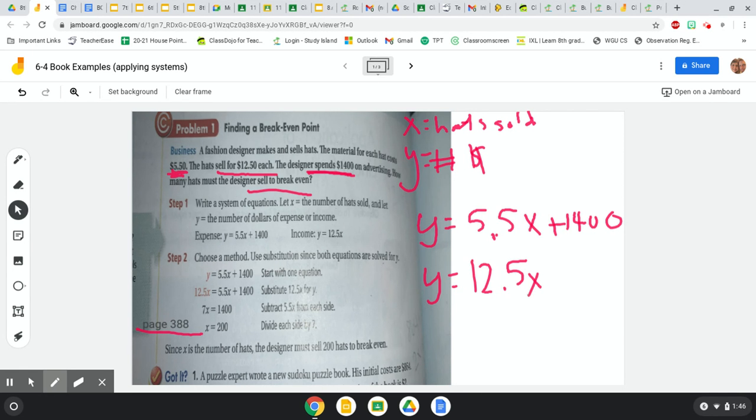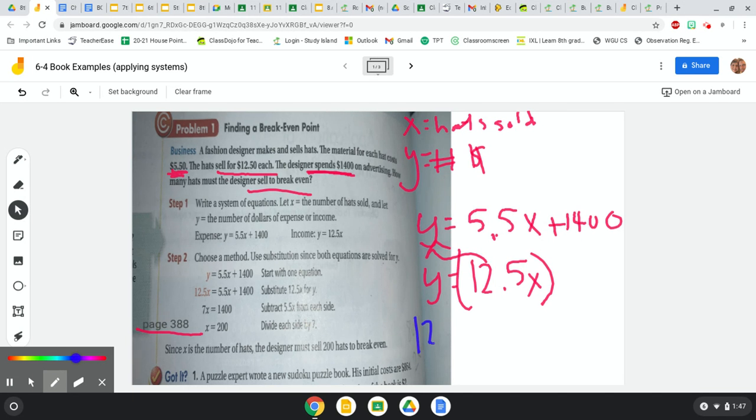So now that I have defined my variables and written my equations, I can go ahead and use substitution in this case. It's going to be the easiest method. I know that Y is equivalent to 12.5X, so I can just substitute that in there.